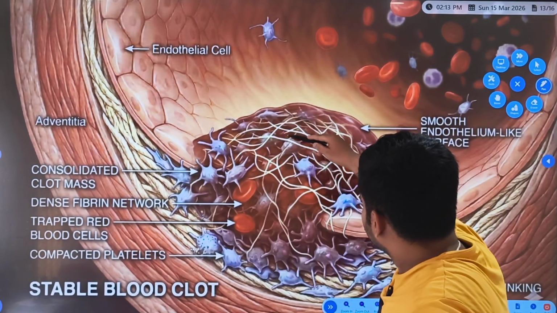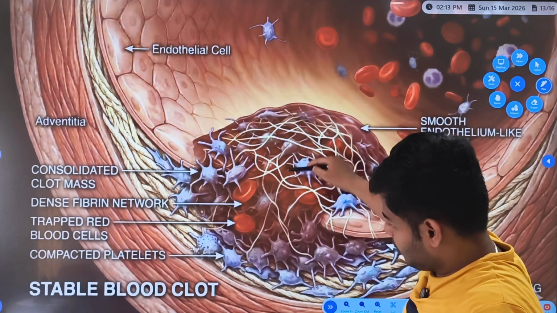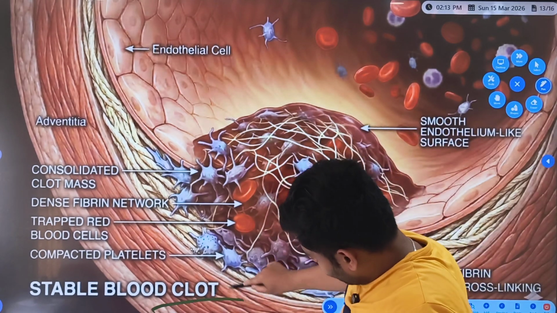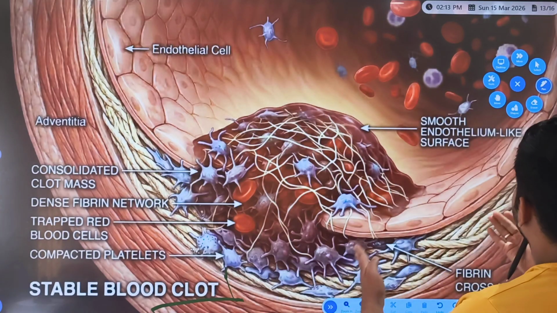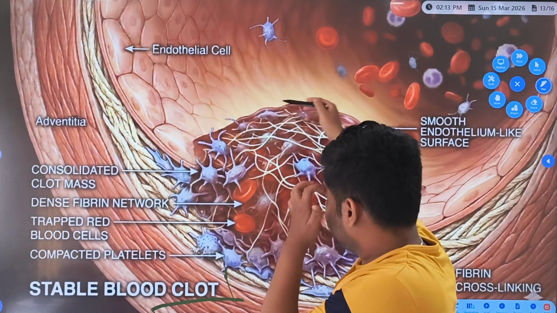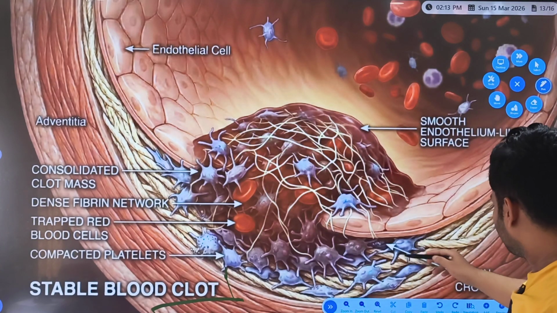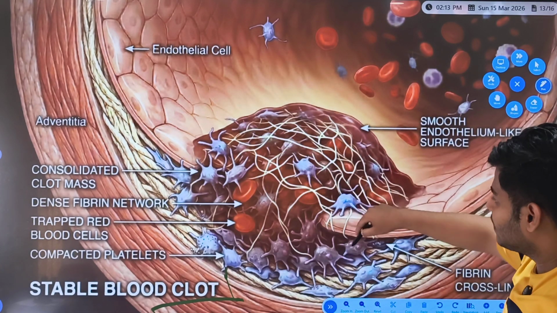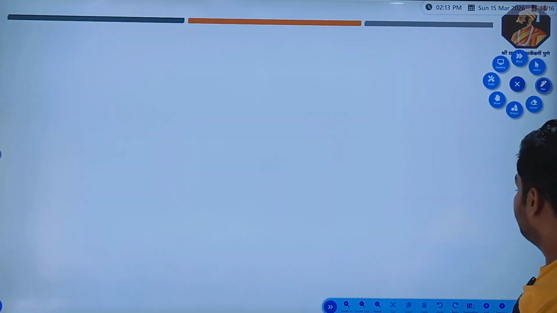Now here fibrin threads are coming and becoming a dense thick clot, and a stable blood clot is seen, right? It's a very nice diagram to understand. See, this is the endothelium, it gets ruptured, etc. Through cross bridging, fibrin cross linking formation, a stable blood clot is formed.